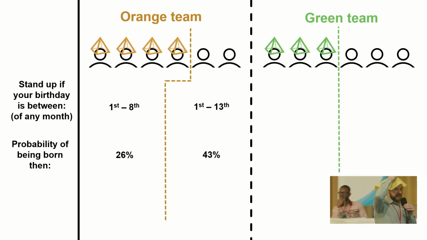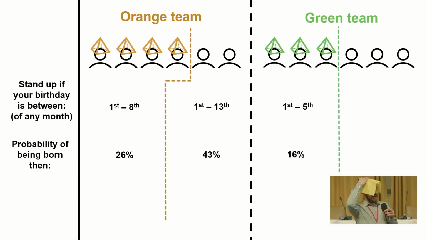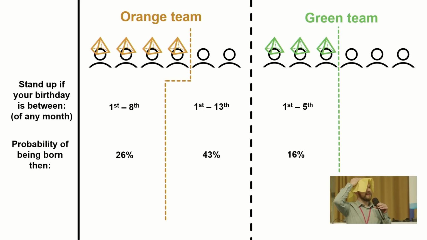Now, going over to the other side of the room, if you have a green ITN and you're using it, please stand up if you were born between the 1st and 5th of any month. So that's everyone using a green ITN born between the 1st and 5th. Okay, great.